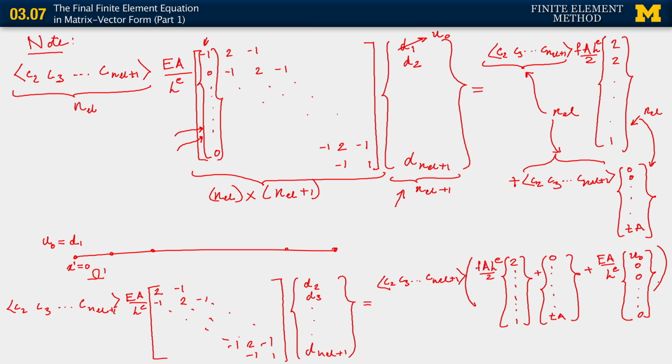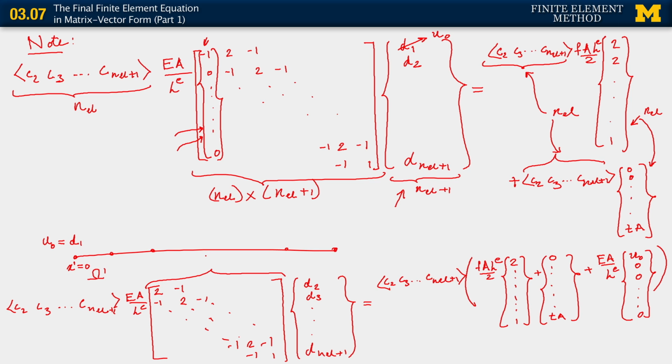Now, when we look at the size of our matrices, we recognize that really this is the only one that we need to correct, because it's lost a column. Earlier it had NEL rows and NEL plus 1 columns. It has now lost a column.